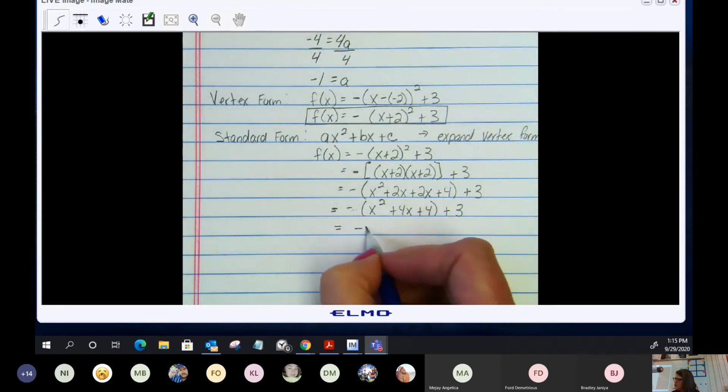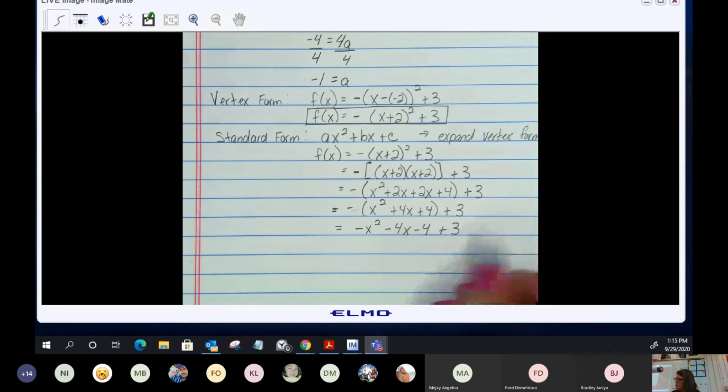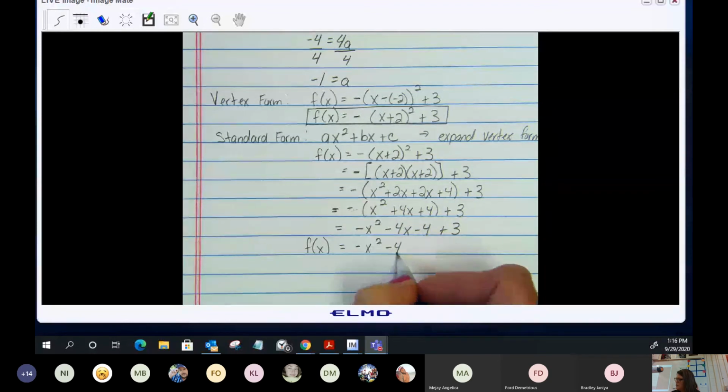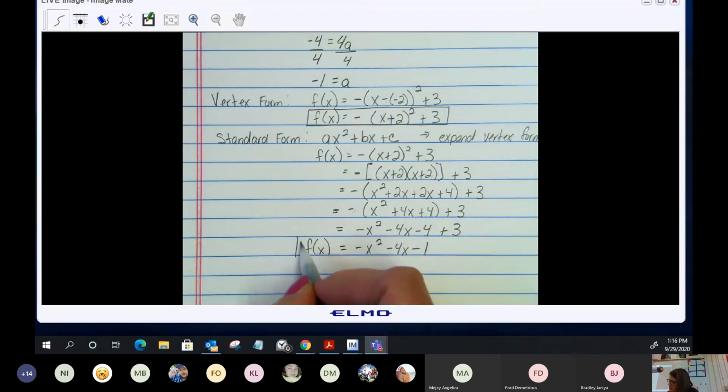So I get negative x squared minus 4x minus 4 plus 3. If you combine like terms, we get negative x squared minus 4x, and negative 4 plus 3 is negative 1. So this is standard form.